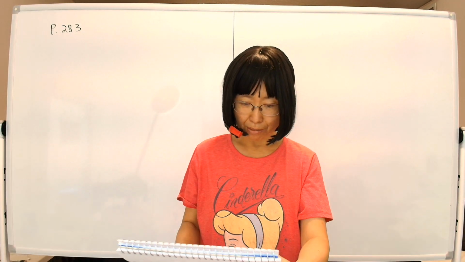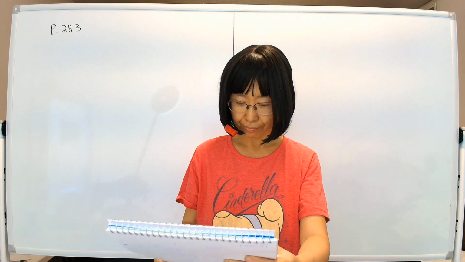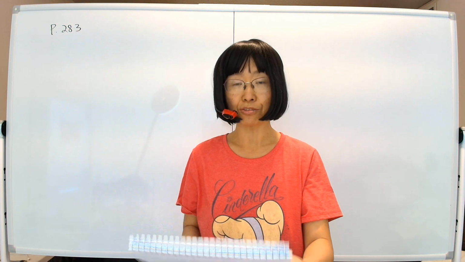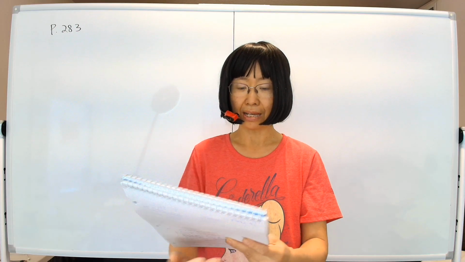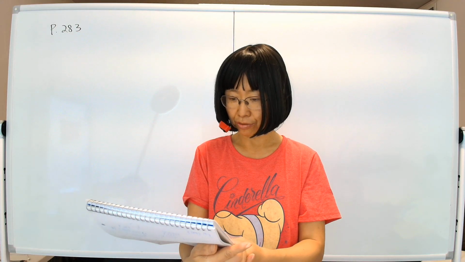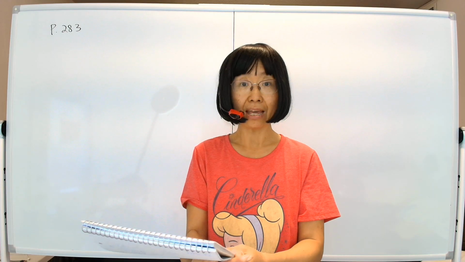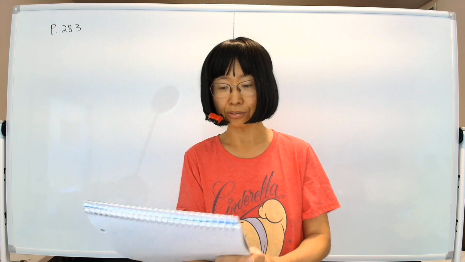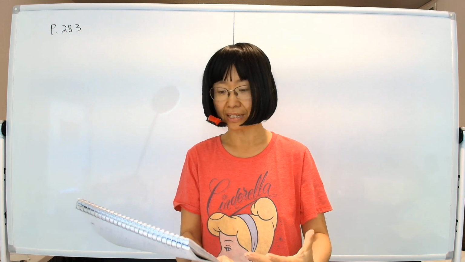Next, let's look at problem 83. Now for 83 you will use the exact same strategy as the previous one. We have sine to the fifth power and cosine to the power 2. In this case, the power of sine is odd.